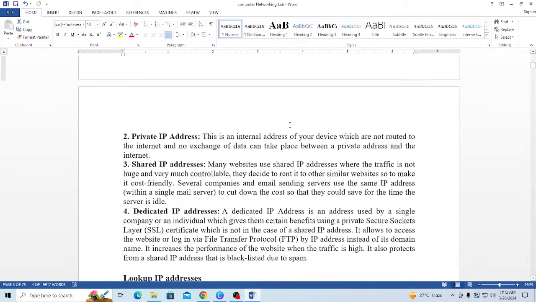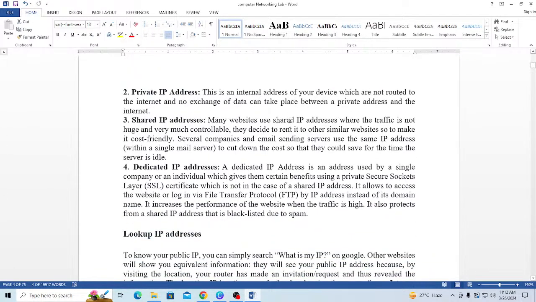And private IP address. Private IP address means we require some specific authorization to access a particular address. So they provide a username and password. When the username and password match, only then can we open the particular address of a particular server.